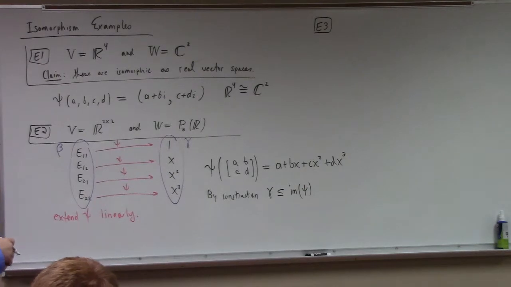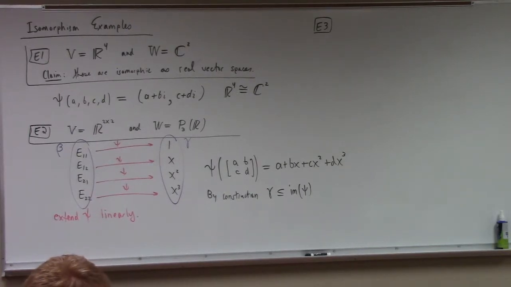And why is it injective? I know what I should do is go back and look at that laundry list of theorems we had about linear transformations and try to see if there's not one in there somewhere that I could use to argue why psi so constructed was one-to-one.